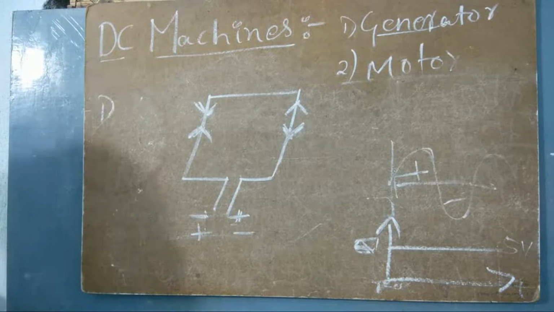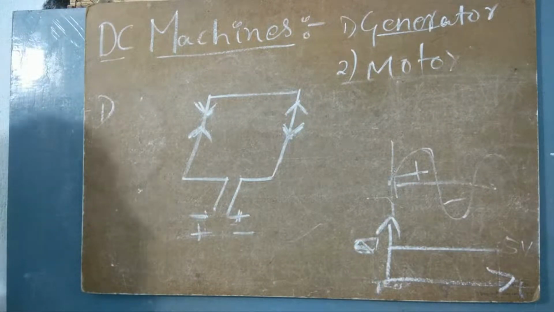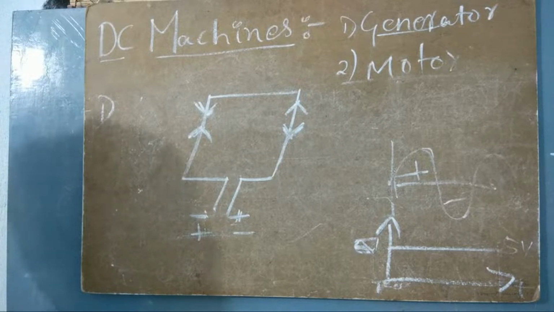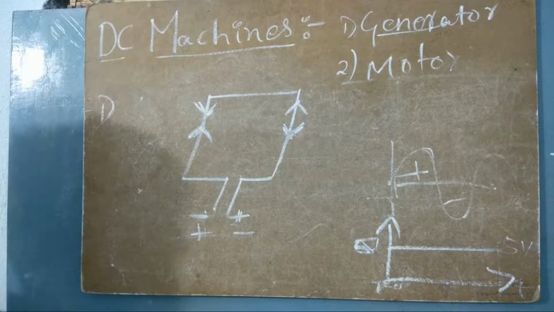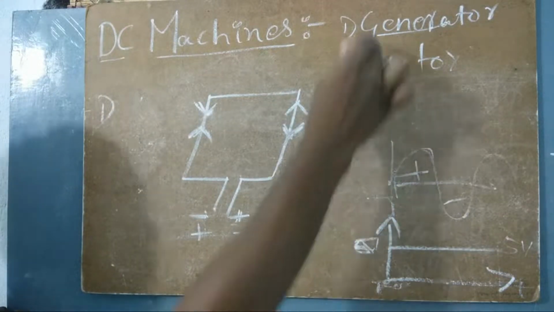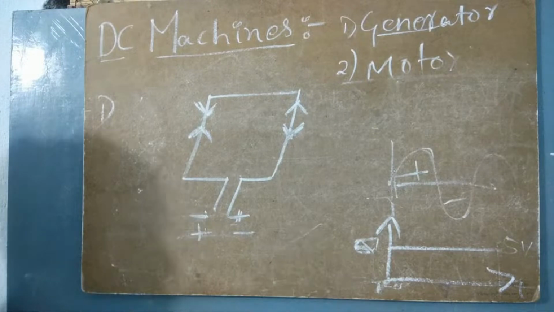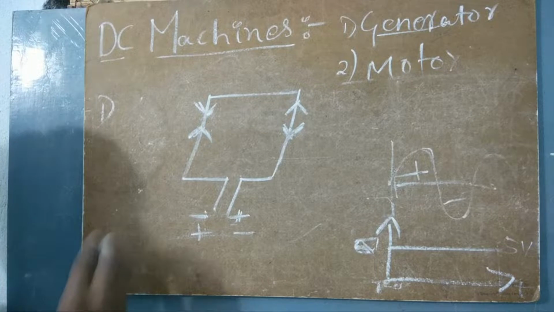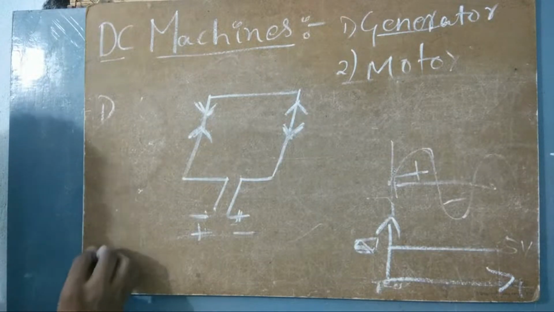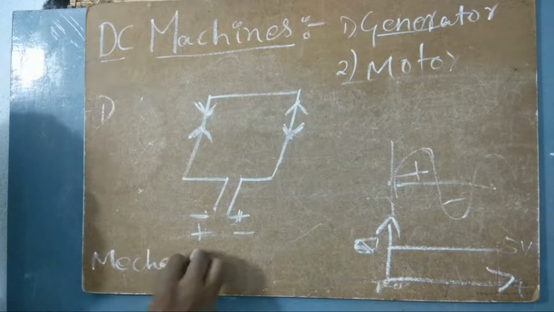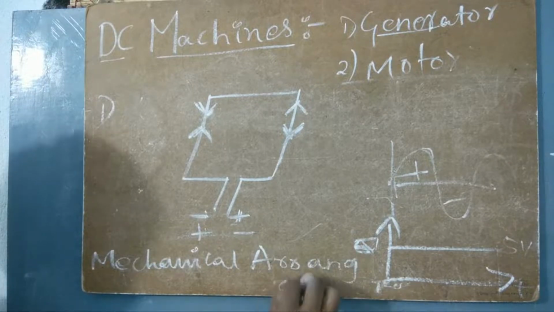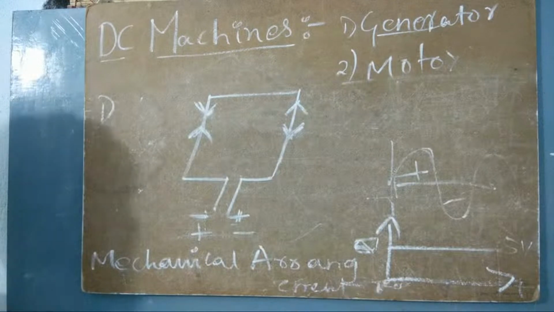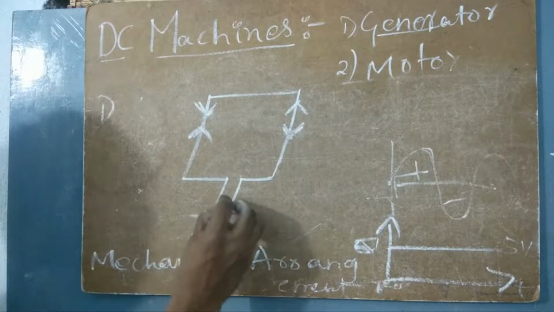No matter whether it is a DC generator or an AC generator, there is a small mechanical arrangement, which I call a commutator.